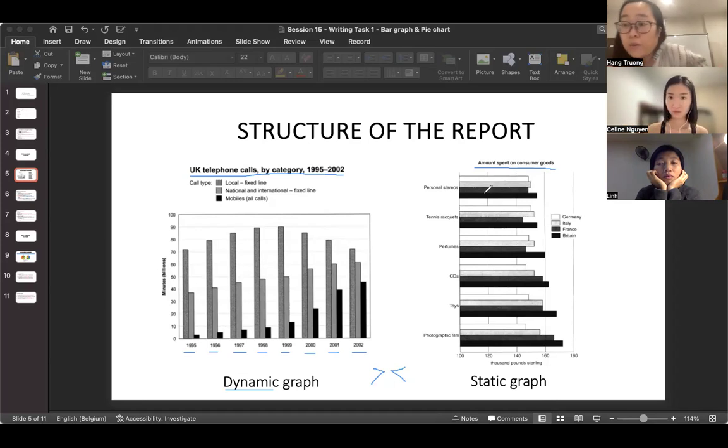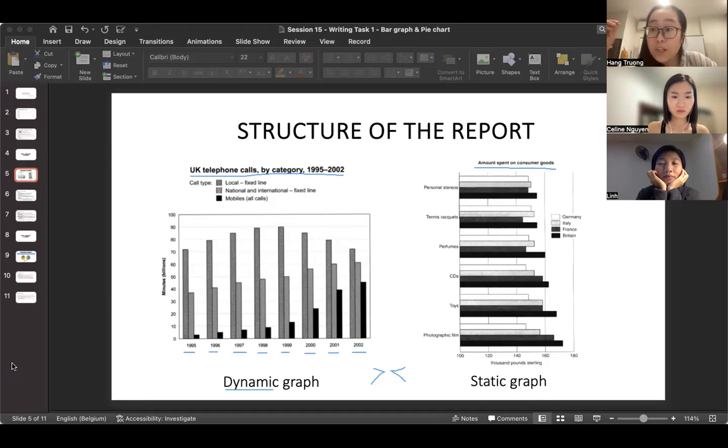In terms of how we can analyze these two different graphs, we will do the same activity that we did last time. Today we only have two students, so I'm not going to put you into breakout rooms anymore. I'm just going to turn off my webcam. I will send you the sample reports of these two bar graphs, and what you need to do is discuss with each other, like last time, and tell me the structure of each sample.